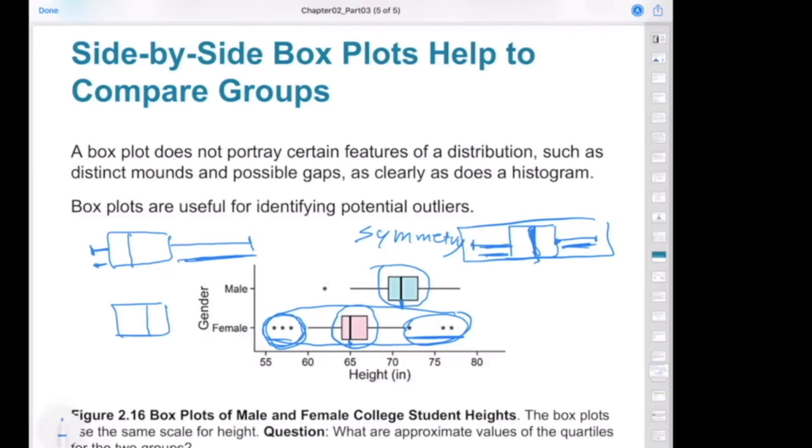The median is here, and this distance is longer than this one, so this one is skewed to the left and this one is skewed to the right, as you can see. So based on the box plot, you can determine the shape of the distribution.